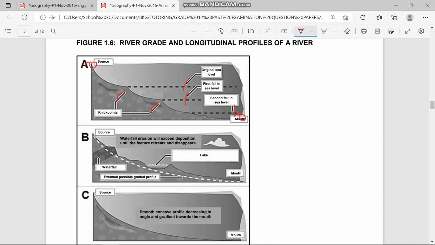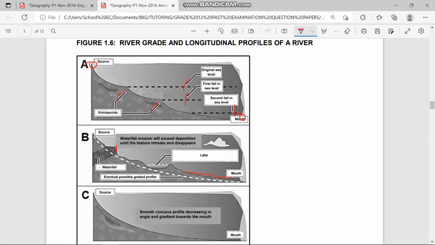At B, we have a waterfall up there. Waterfall erosion will exceed deposition until the feature retreats and disappears, until the waterfall disappears. Eventually there is a possible graded profile, starting to be level here, smooth and level.